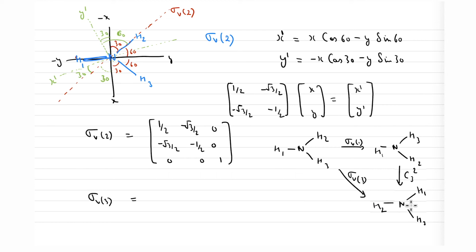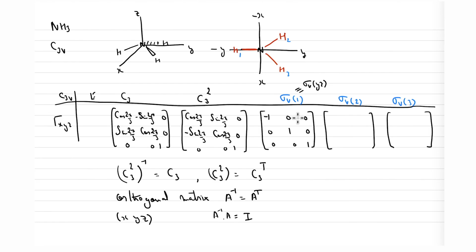So if I'm doing C3 square rotation using this, I can write that sigma v3 is equal to sigma v1 followed by C3 square, right? We already know sigma v1 is here, and C3 square is here, so we can write the product.